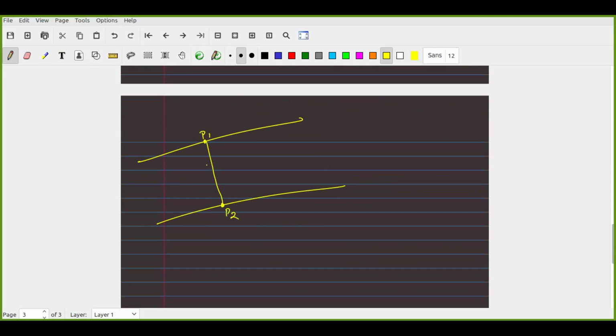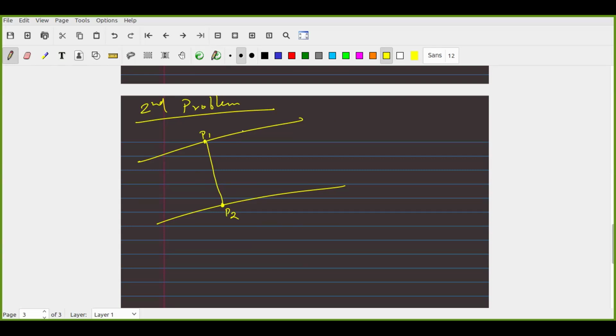Remember, even in class, I tried to make you imagine these lines may be skew, may not be coplanar. So in the second problem here, the two lines may not be coplanar. Yet you should find the shortest distance between the two lines. Obviously, they're not meeting. If they were meeting, then the shortest distance is 0. So we're assuming that the two lines are not intersecting.